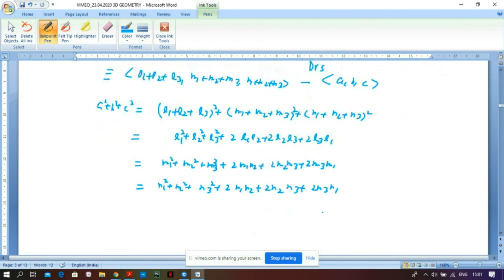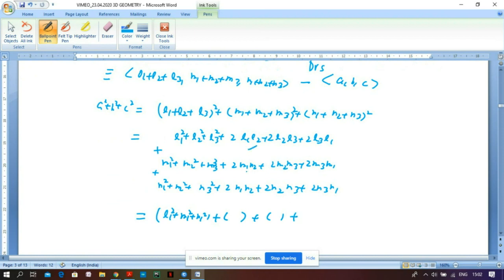If that is done and you add them up vertically, you are getting this equal to the sum of all these terms. So for example, this gives you L1 square plus M1 square plus N1 square, and two similar terms, a sum of three squares.